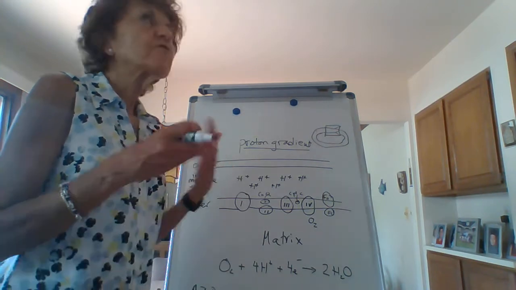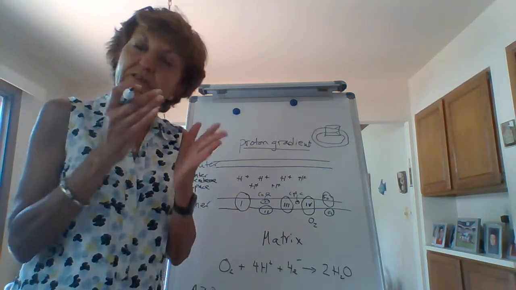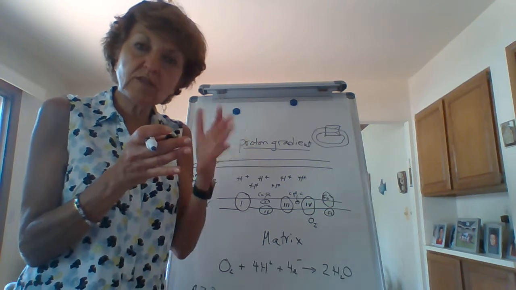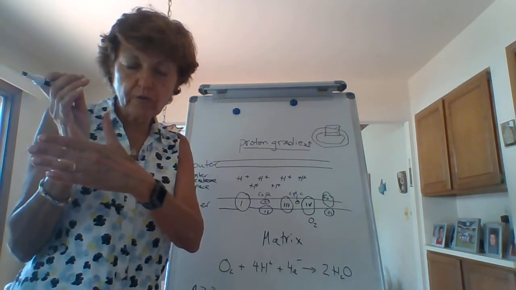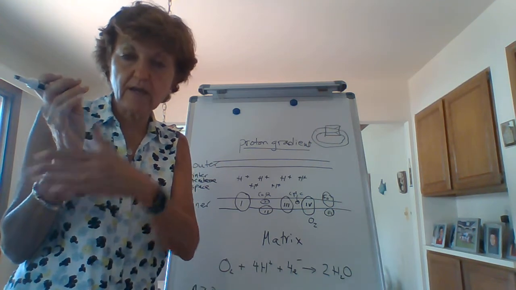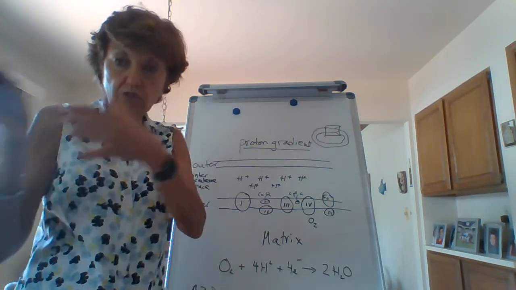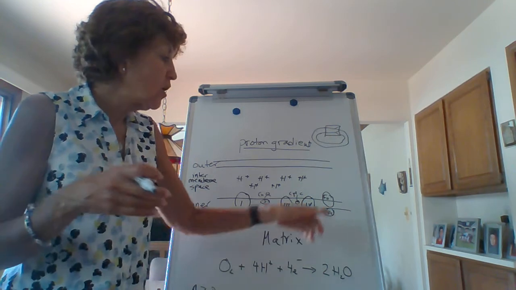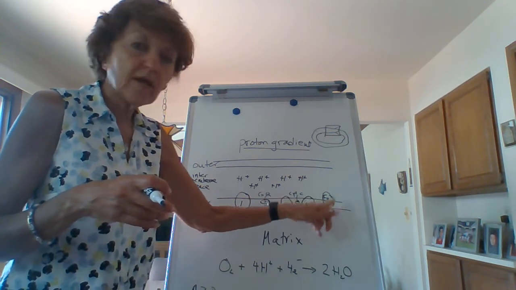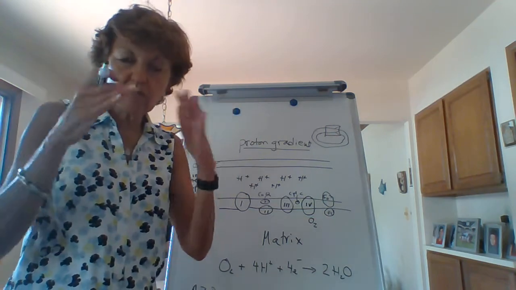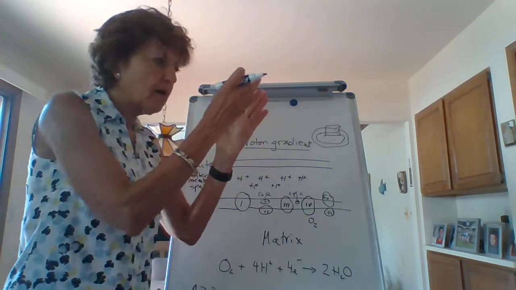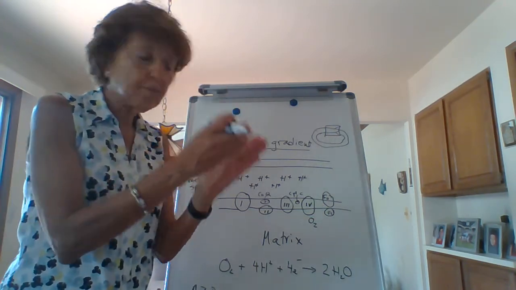Okay. Just think of it as a dam. Like if you have a dam and you have a lot of water on one side, and then you open up the dam, all the water flows to the other side from a higher concentration to a lower concentration. Well, this F0, F1 protein over here, think of it as that opening of the dam.